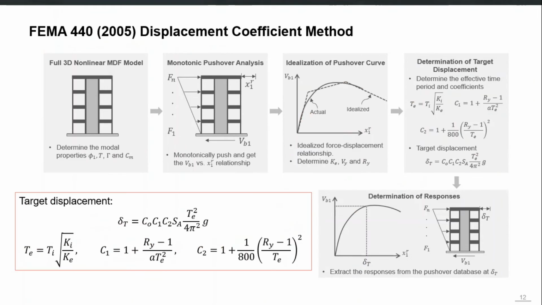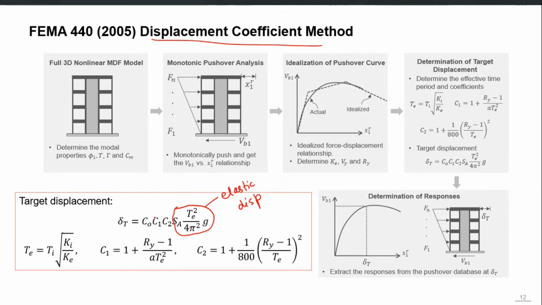The second method is the displacement coefficient method, and that is based on the idea that we can simply start with the elastic displacement of our system. So this whole thing which I am encircling now is actually the elastic displacement, and this can come from the elastic response spectrum also for our single degree of freedom system or for first mode of our building.